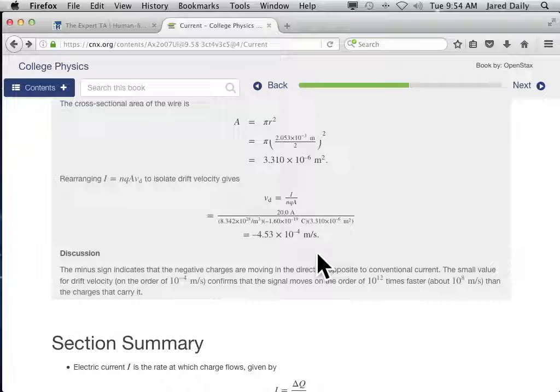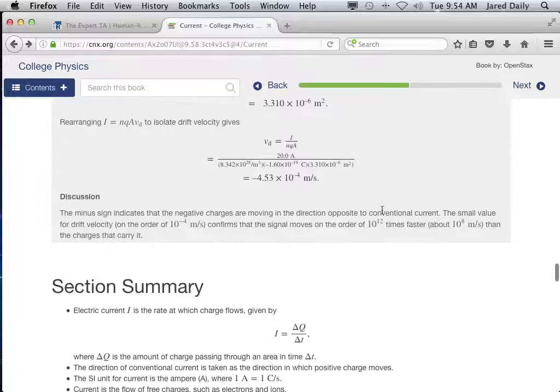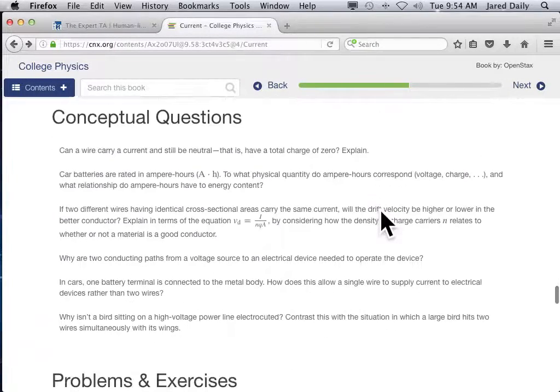It's going like a tenth of a millimeter per second. 4/10 of a millimeter per second. But electricity travels near the speed of light because of this domino effect. So they don't move very fast, but the signal moves very, very fast.